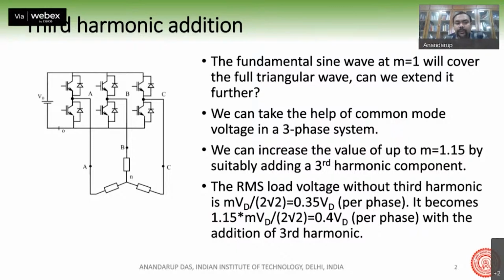the third harmonic voltage. We can think of the third harmonic as something like one controllable voltage source on A phase, as well as B phase, as well as C phase.